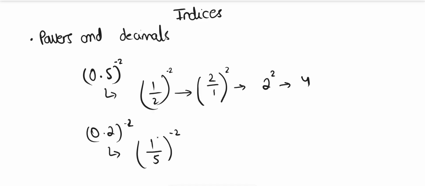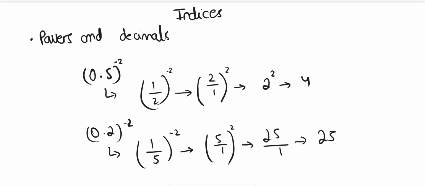Am I right? But if we find the reciprocal of it, the reciprocal of 1 upon 5 is 5 upon 1. We are going to be changing the sign of the index. 5 upon 1 whole squared is 25 upon 1, which is 25. Simple as that.